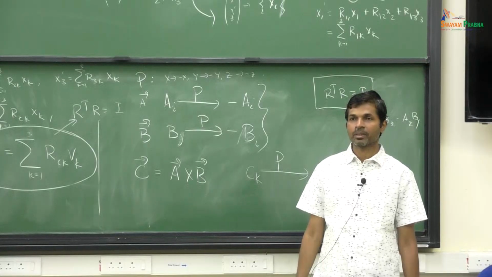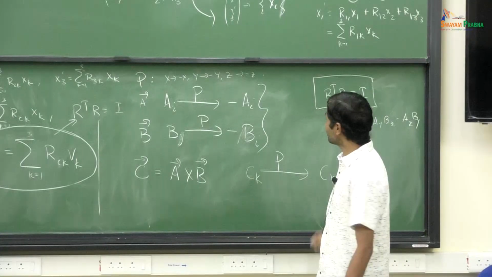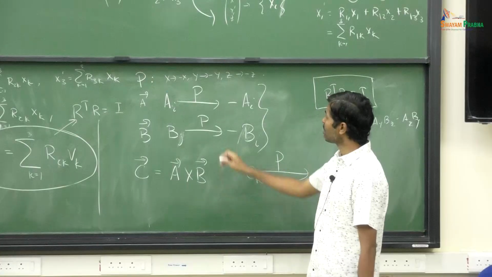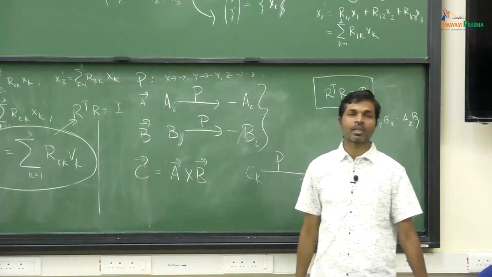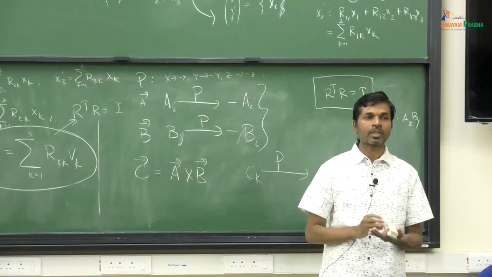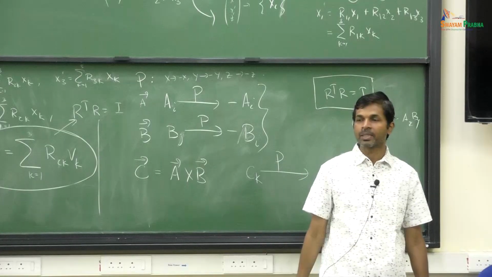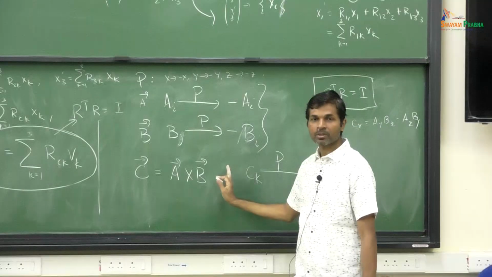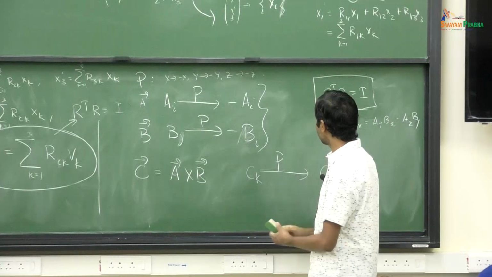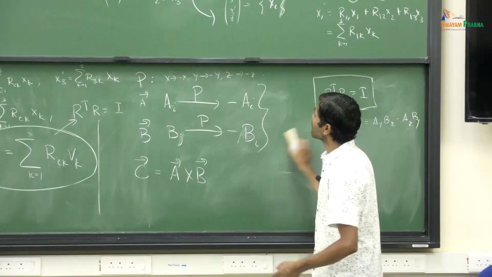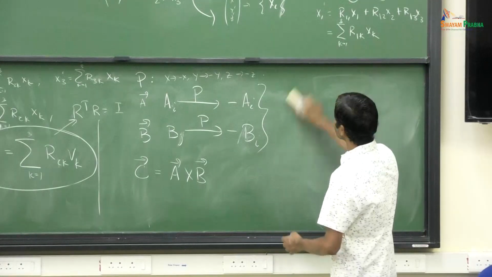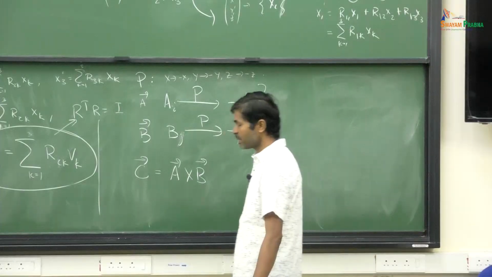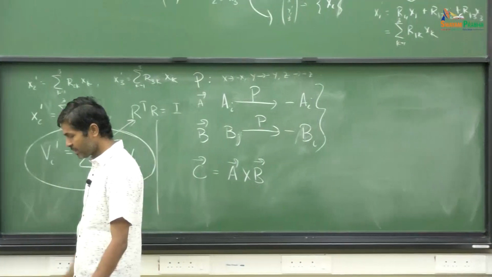Okay. And in physics, there is a classic example. If you consider electric field, then it is just a regular vector. On the other hand, if you consider magnetic field, then it is a pseudo vector. But there are more general quantities you can introduce. First of all, you can distinguish between vectors and pseudo vectors.